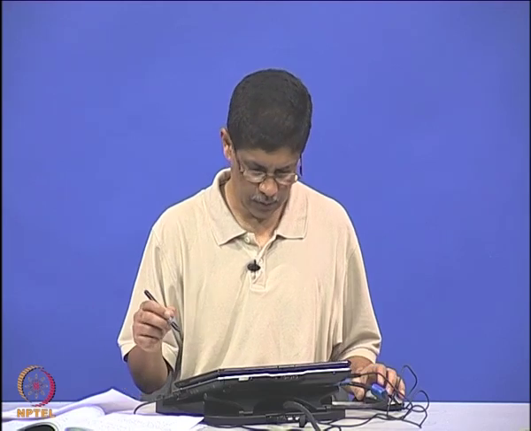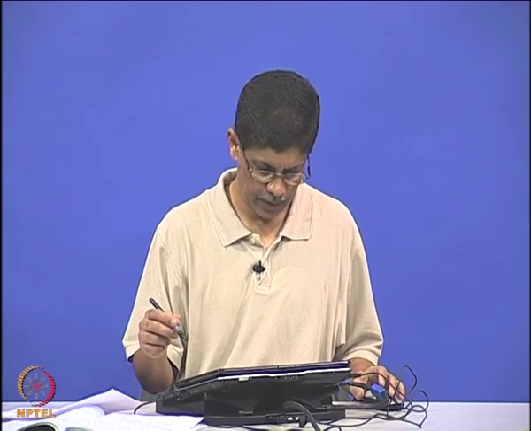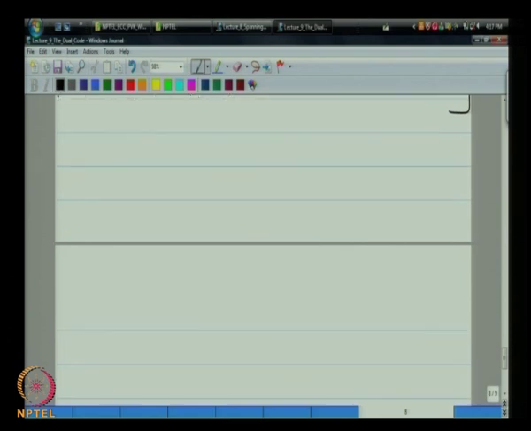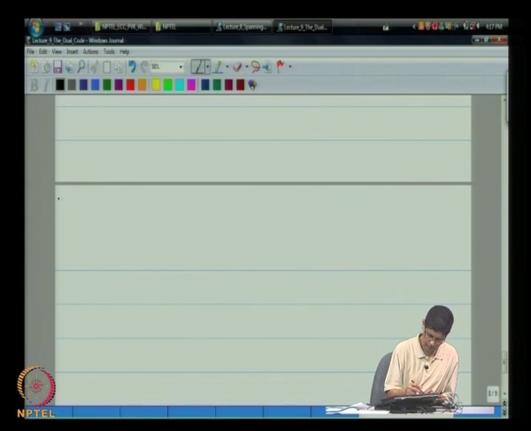The last example, the Hamming code, perhaps needs a little bit more of work. So, example 3, the Hamming code.